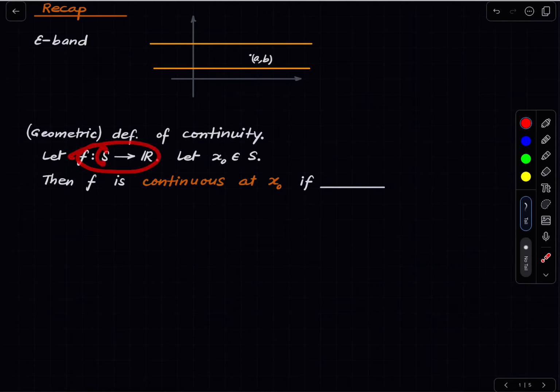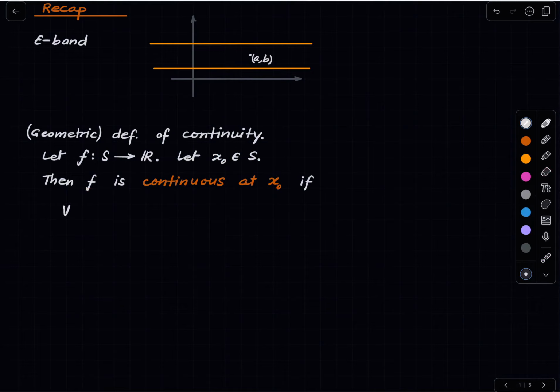So fix a function from a set S to R. The set S can be arbitrary. There is no assumption on the set S, of course, we need it to be non-empty. And fix any point x0 in S. Then we defined the function f to be continuous at the point x0 if the following happens.